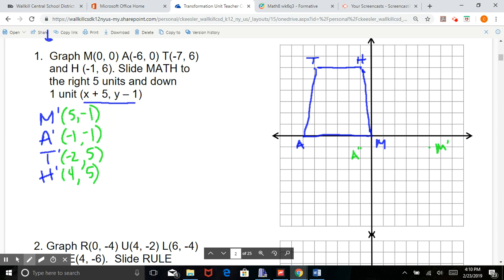A prime. T is being shifted right 5. 1, 2, 3, 4, 5, and down 1. Label it T prime. And H is also being shifted right 5. 1, 2, 3, 4, 5, and down 1. Label that H prime. And then neatly graph your shape with your straight edge.